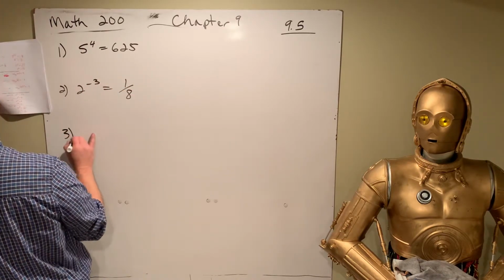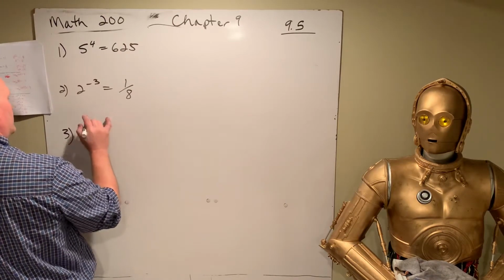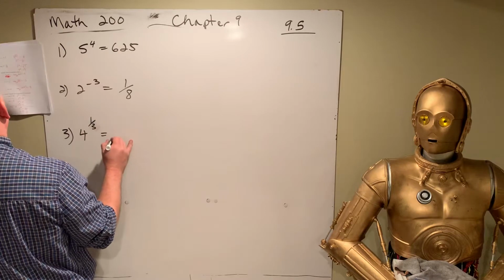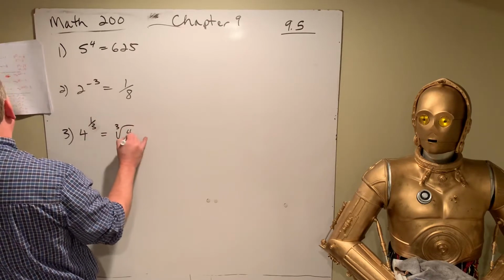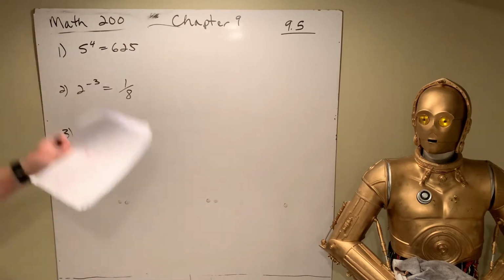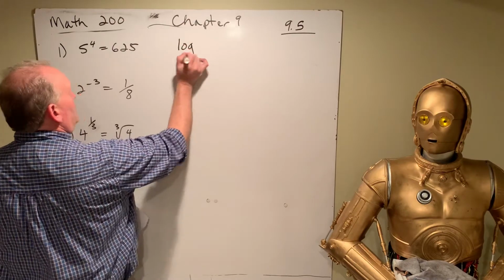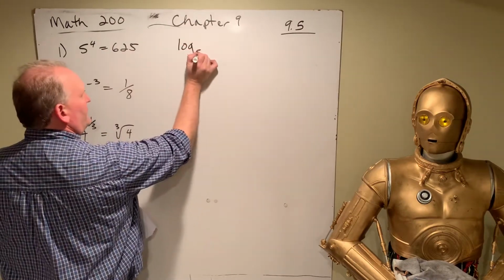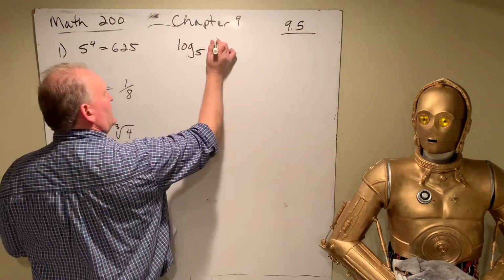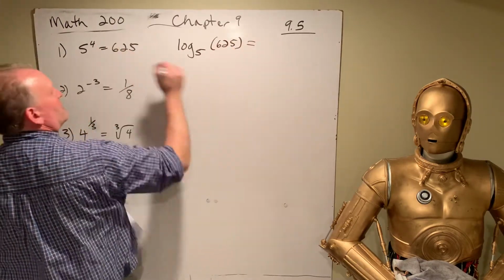And 4 to the 1/3 is equal to the 3rd root of 4. So how would I write that as a logarithmic? This would be log base 5 of 625 is equal to the power 4.